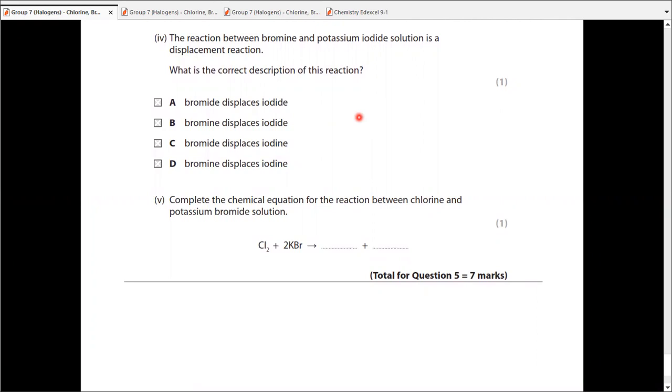Sir, bromine displaces iodine. And the letter is A, B, C, or D?